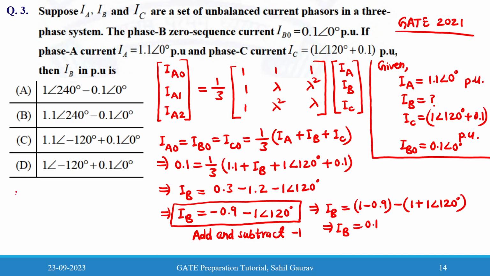So we know that 1 plus 1 at the angle of 120 degree plus 1 at the angle of minus 120 degree is 0.